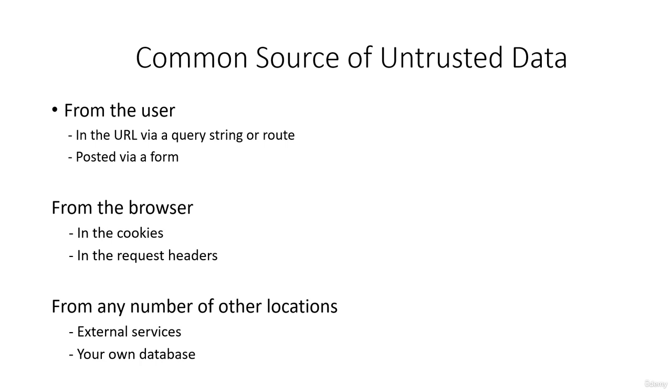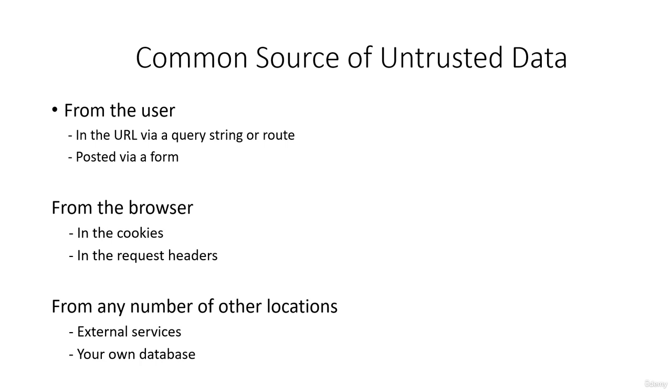The other channel where untrusted data frequently comes from the user is form data in a POST request. They fill out fields on a web page, they click submit, and we cannot trust that data. We must expect that it could be malicious because ultimately it is untrusted.